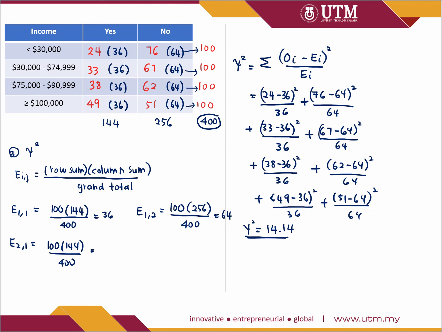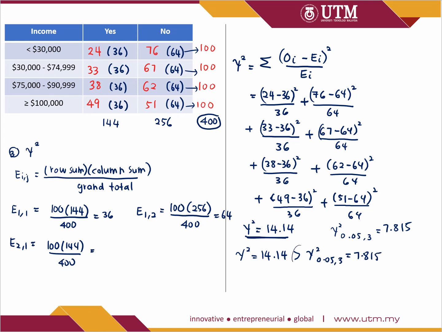And we have our critical value, which is 7.815. So based on the chi-square value, which is 14.14, it is greater than the critical value.